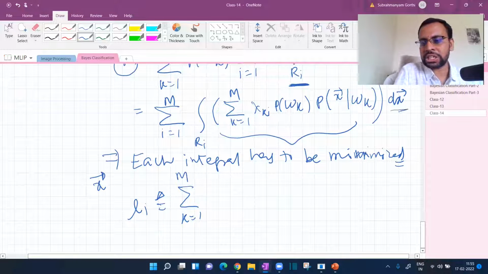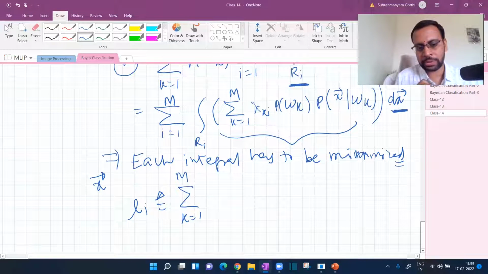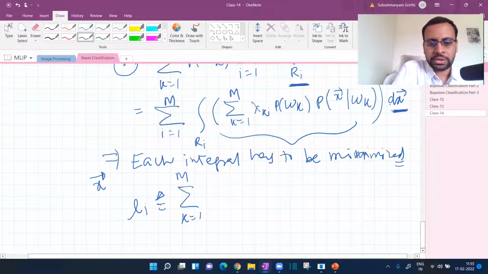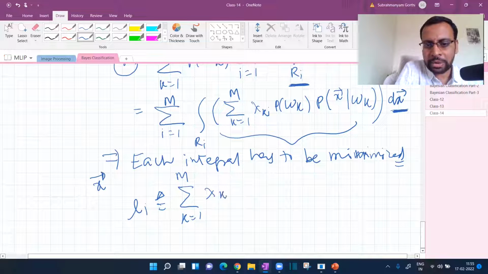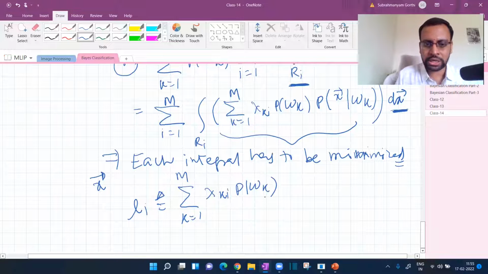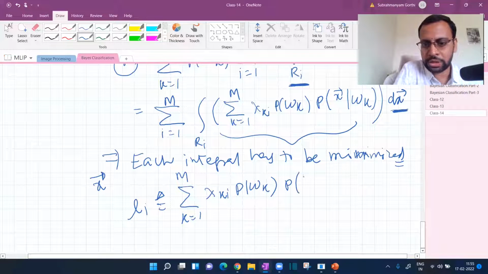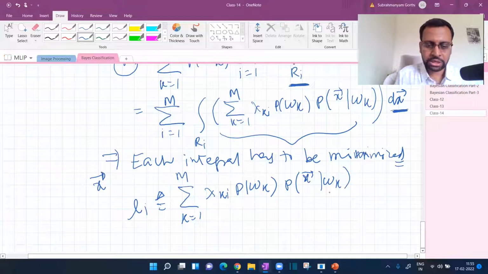See, this integration is done with respect to x bar. Given an x bar, let's say k equal to 1 to m lambda ki probability of omega k, probability of x bar given omega k.